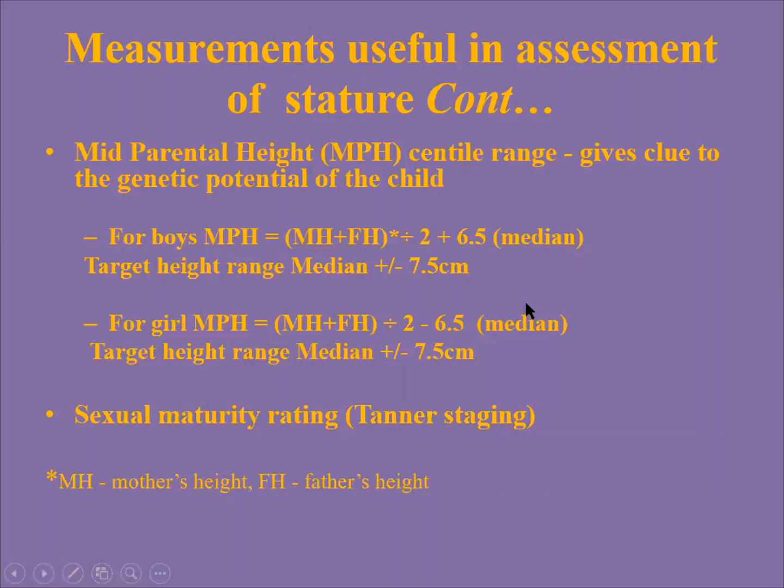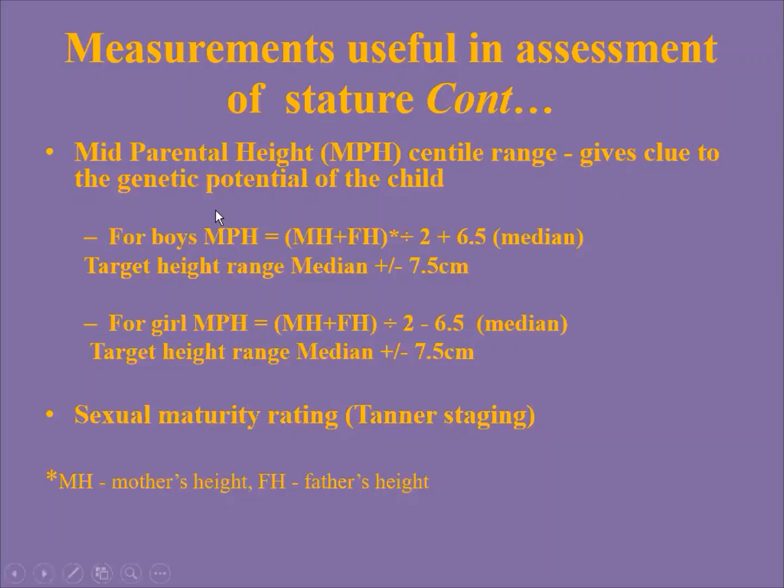Then another mandatory thing to do when assessing a child's stature is the mid-parental height. Mid-parental height is the average height of the parents, which is used to predict or guess the child's height. So mid-parental height, we get a median as well as a range, because biological things have a variation, so you can't have only one value.